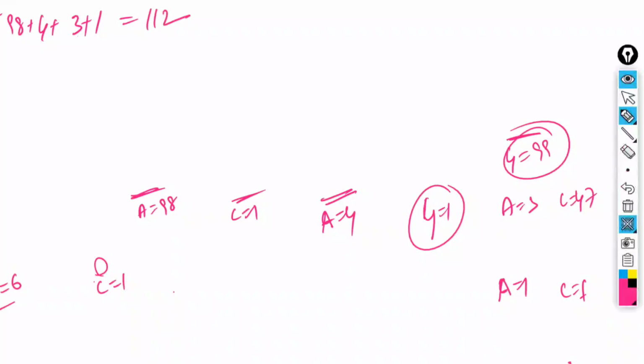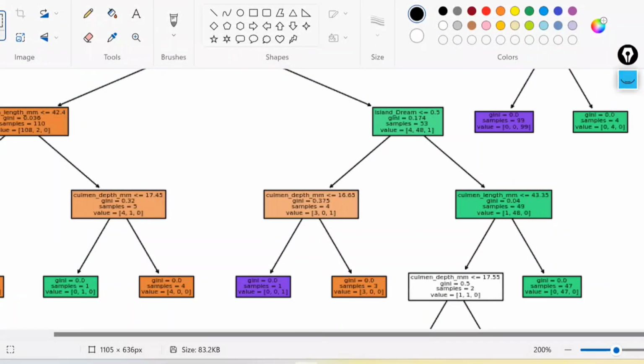Next, C is 1, 1, 1 and 47, which is nothing but 50. So your 266 records are classified in this way. All the records are covered. Is that clear?